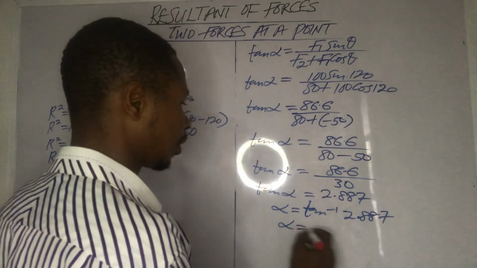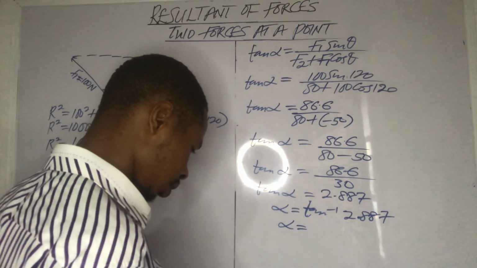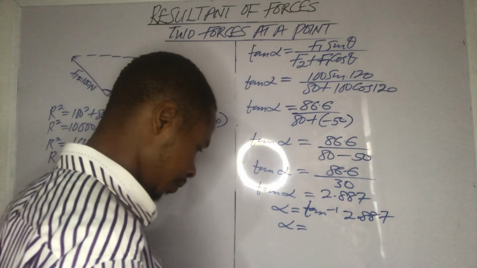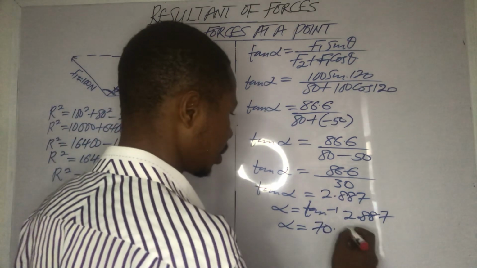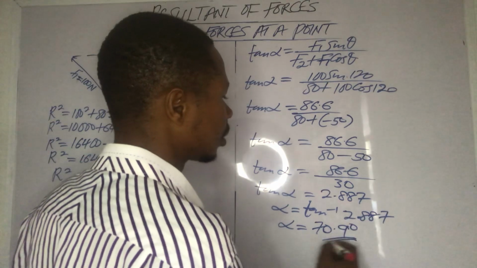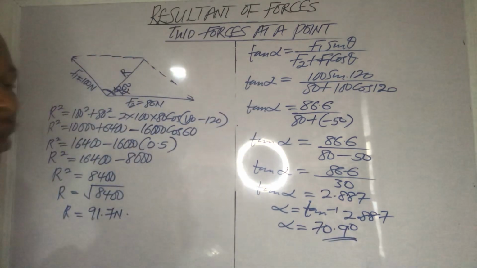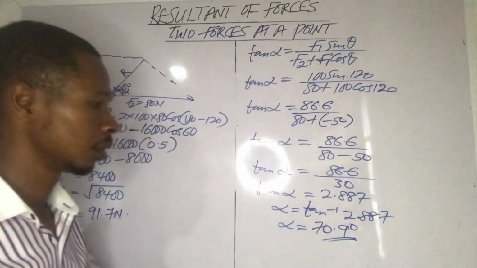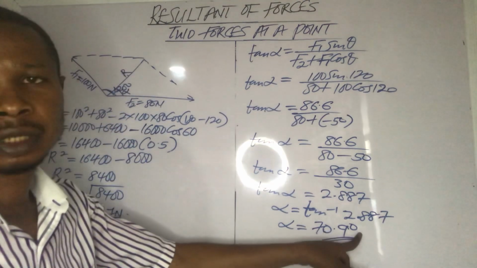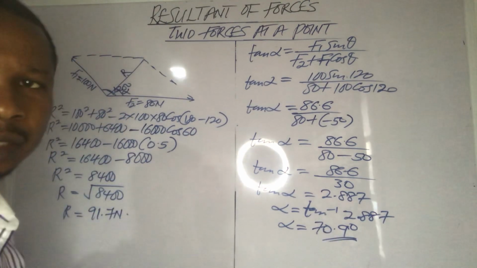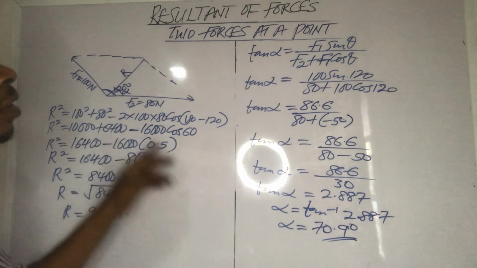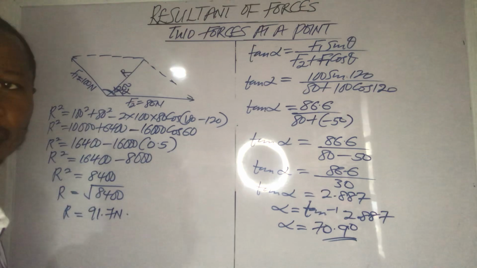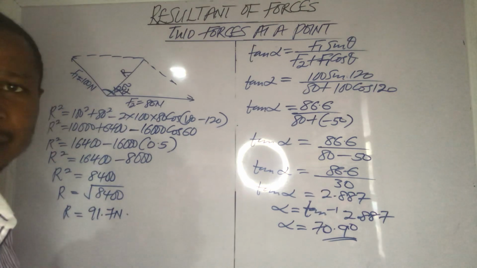So you have alpha is equal to second function tan, that will give me 70.9 degrees. So the resultant in direction is 70.9 degrees, while the resultant in magnitude is 91.7 Newton. So this is another example of resultant of forces acting at a point.